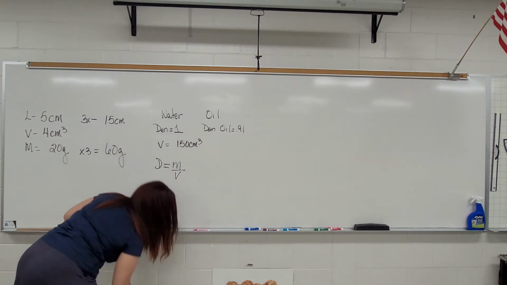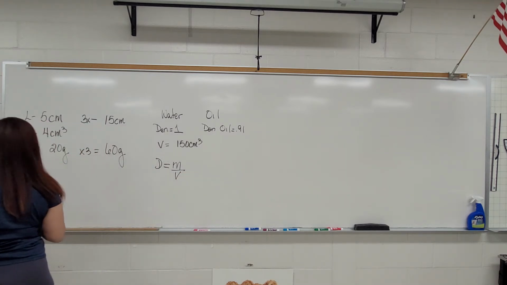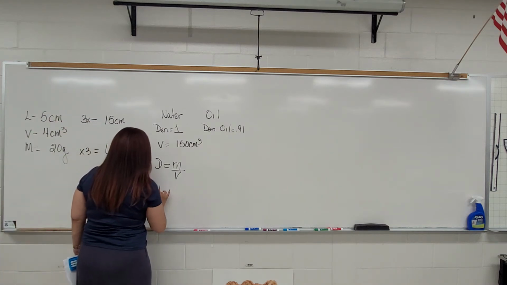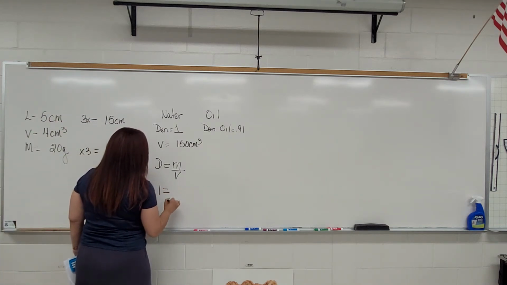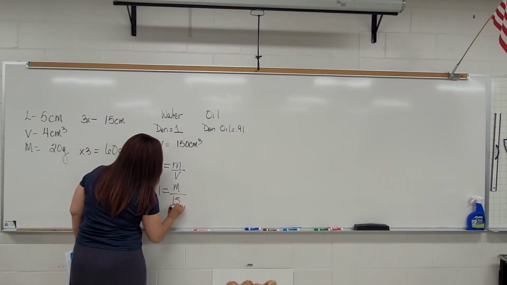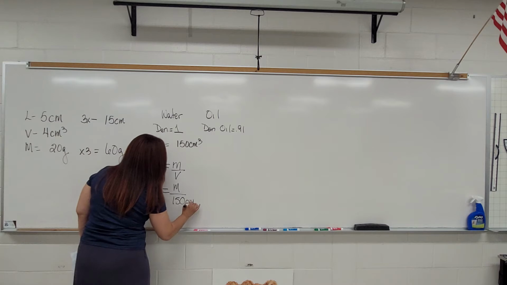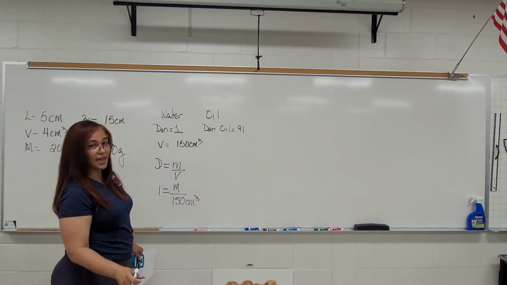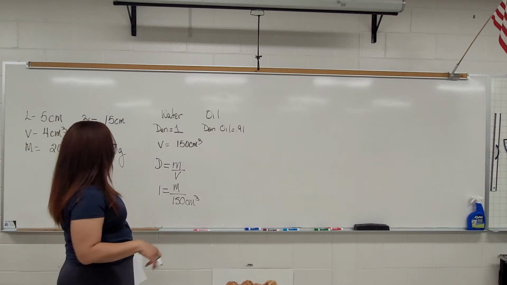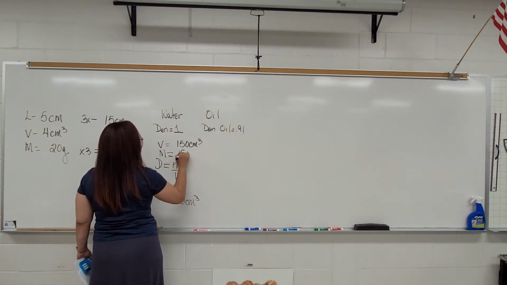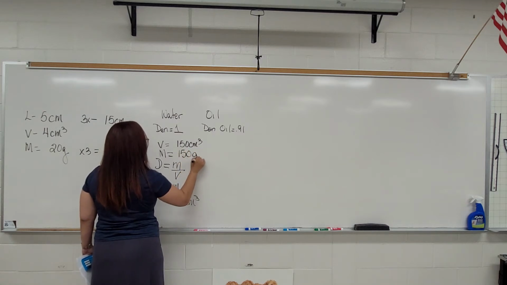Since the density of water is 1, 1 is equal to mass divided by 150 cubic centimeters. We know the rule that any number divided by itself is equal to 1, so the mass is equal to 150 grams.